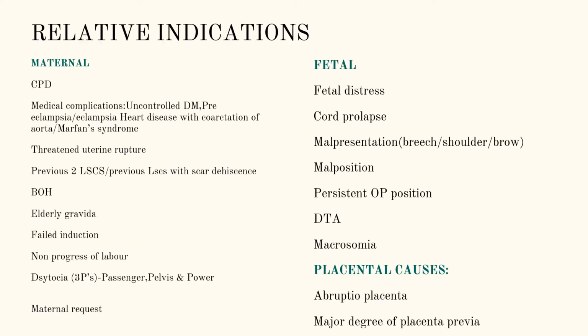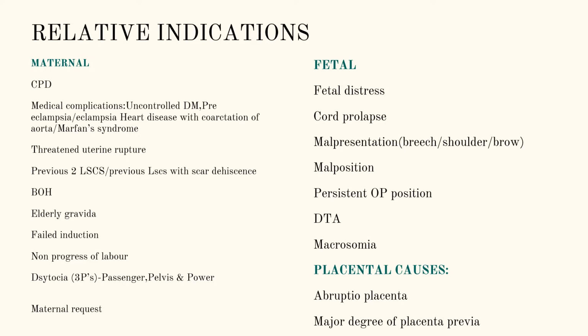The relative indications are divided into the maternal causes, the fetal causes, and the placental causes. Maternal causes are cephalopelvic disproportion, medical complications in the mother, that is uncontrolled diabetes mellitus or hypertensive disorders of pregnancy, or heart disease with coarctation of aorta or Marfan syndrome.